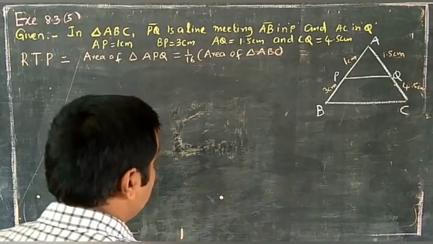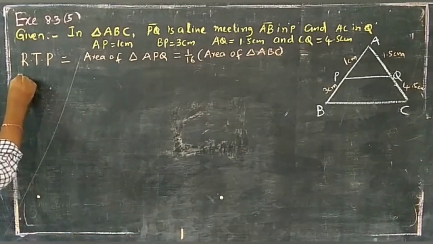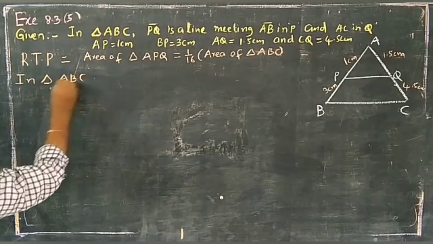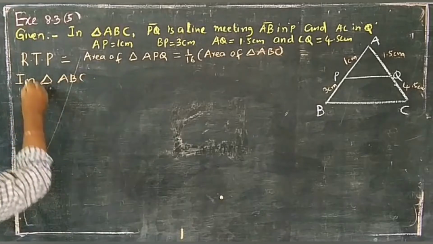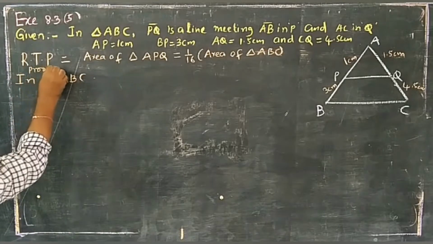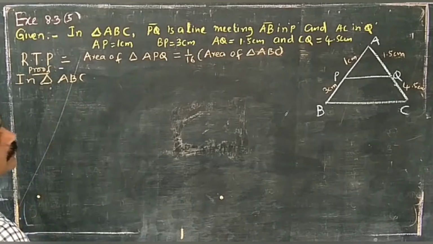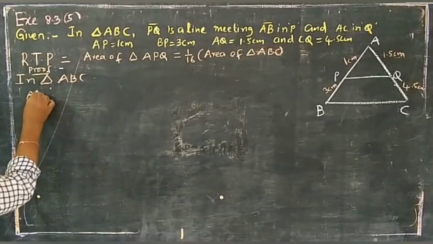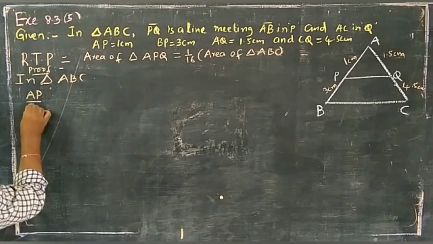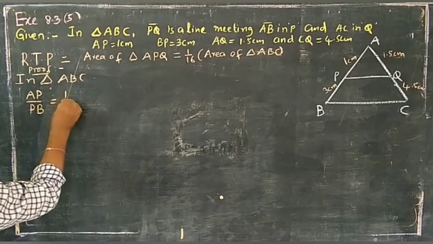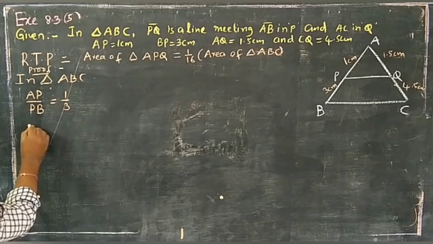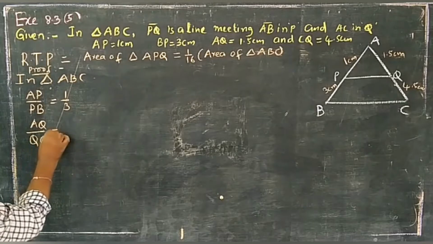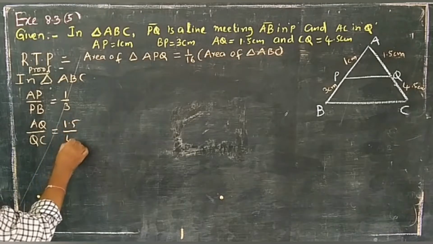We have to check. In triangle ABC, this is the proof. AP by PB is equal to 1 by 3. In the same way, AQ by QC is equal to 1.5 by 4.5.